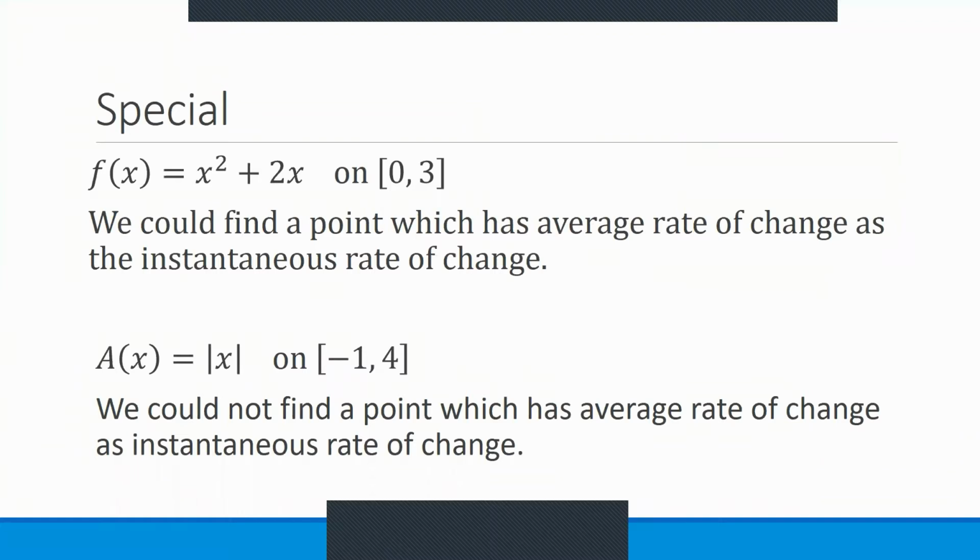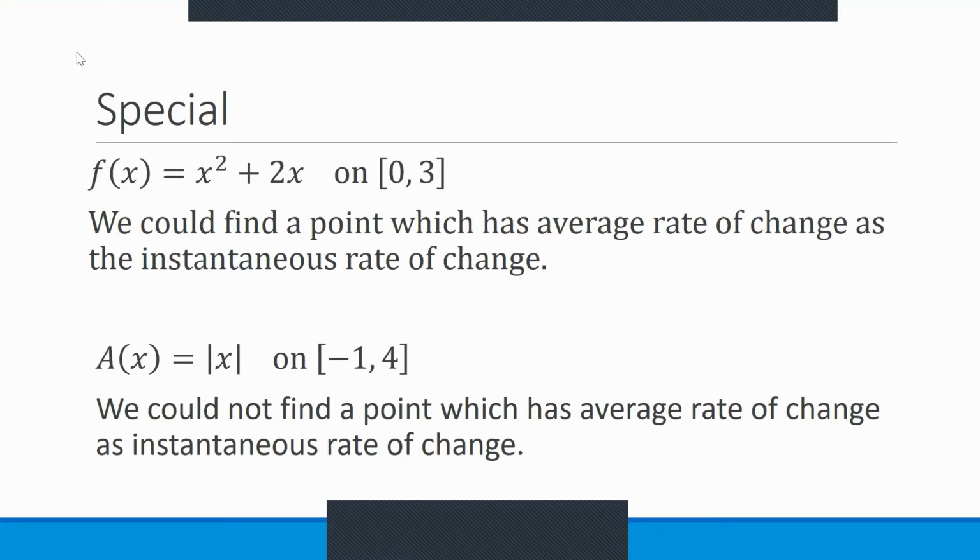After doing the last three examples, we should start trying to formulate what was special about the f of x that I chose that wasn't special about the g of x and the a of x.